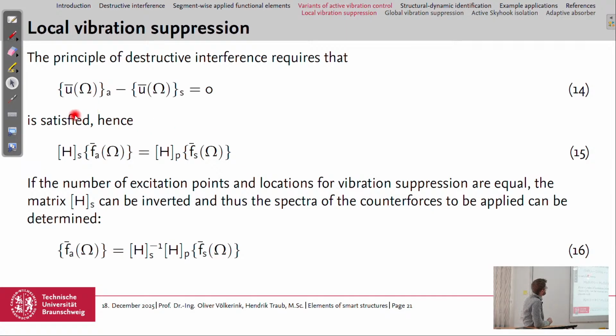Now we can say again that the principle of destructive interference requires that these two vectors are equal, again a matter of sign, so that we have the sum to zero, that these points are calm or quietened. This is satisfied when the transfer function of the secondary path times the vector of excitation by the actuator equals the primary path times the excitation of the disturbance.